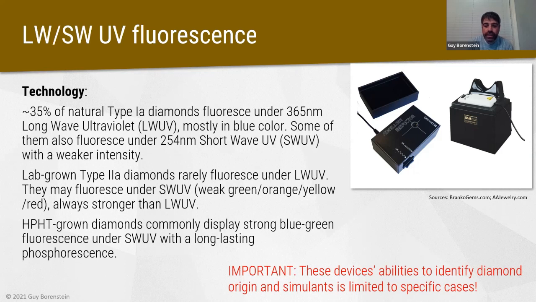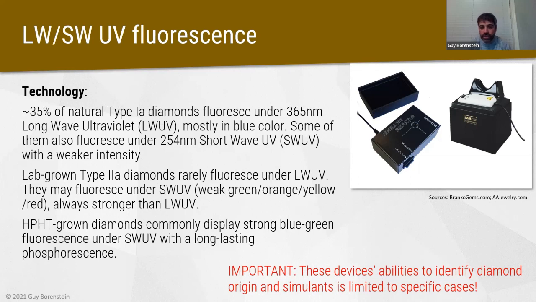It could be either an LED that is very close to the diamond when it's being excited, or a very strong bulb. Second, we need to work in a completely dark environment. It must be a kind of black box that is not allowing any light to leak from outside, because this leakage can mask some very gentle effects that we are looking at.